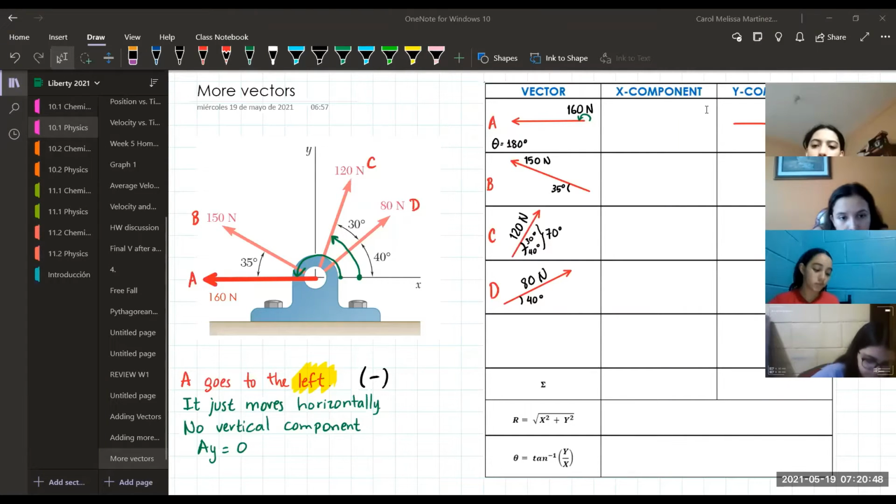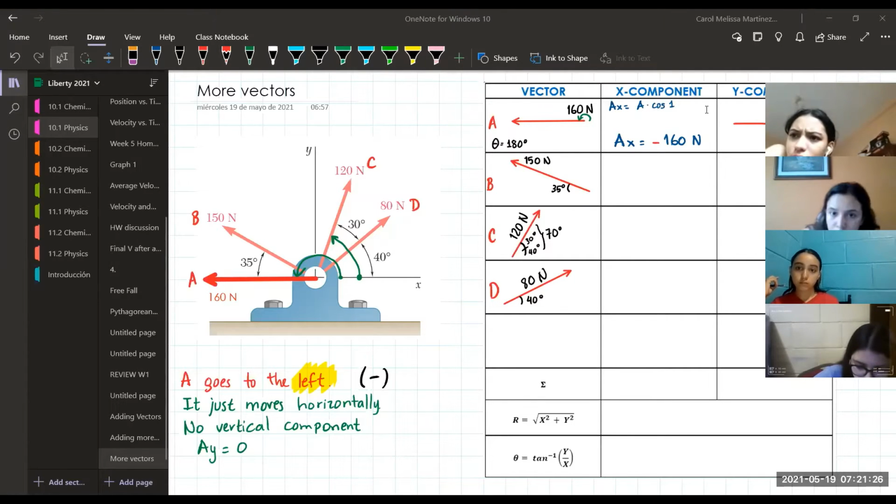So you can just say that the component x of your vector A is going to be negative 160 Newton. Negative because it's going to the left. You can just write that, or you can calculate it by using the angle. You can also say that Ax is equal to A times the cosine of 180 degrees.